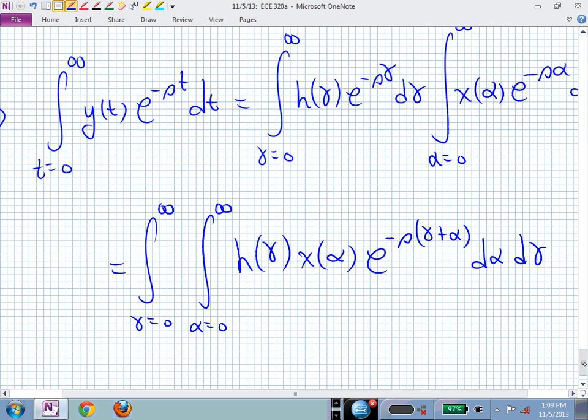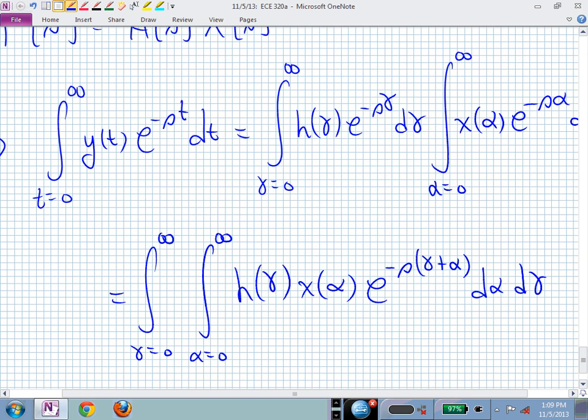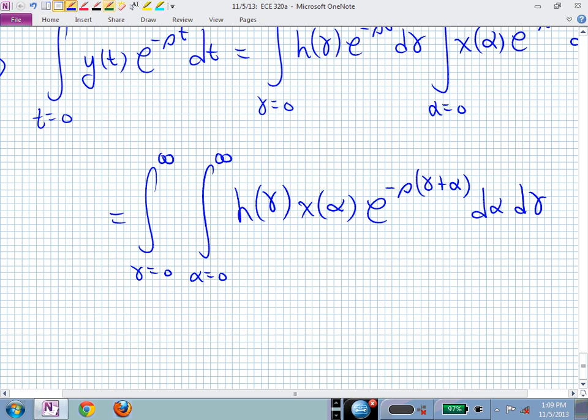And now I really want that e to the minus s to be e to the minus st, so why don't I just make a substitution on the right-hand side? Why don't I let t be equal to what I want it to be, gamma plus alpha. And if I need alpha in that formula, that's the same as t minus gamma.